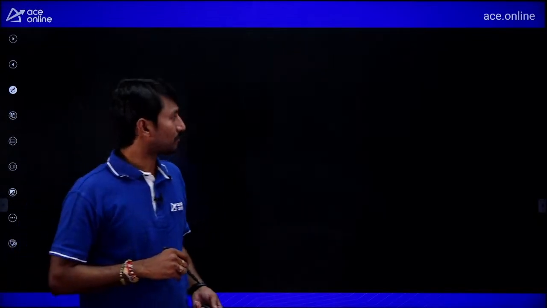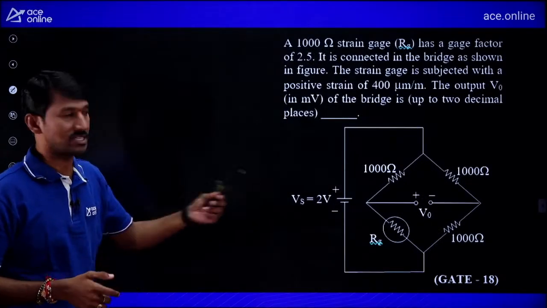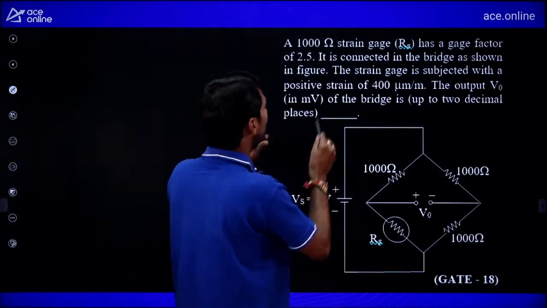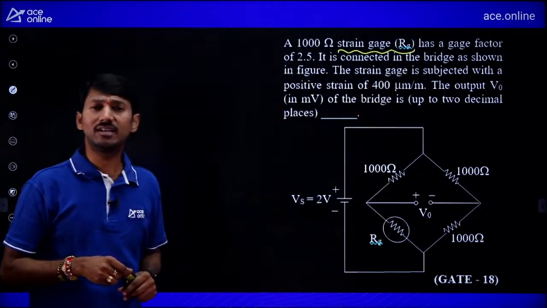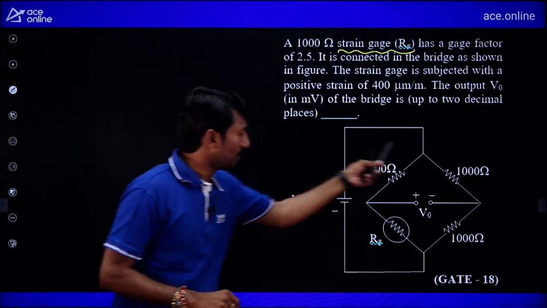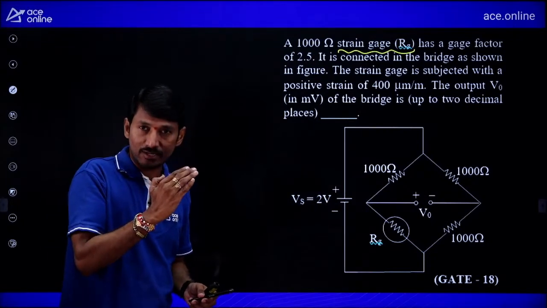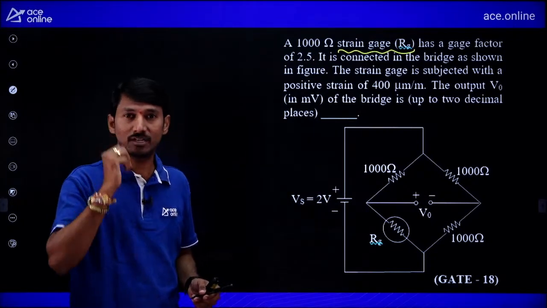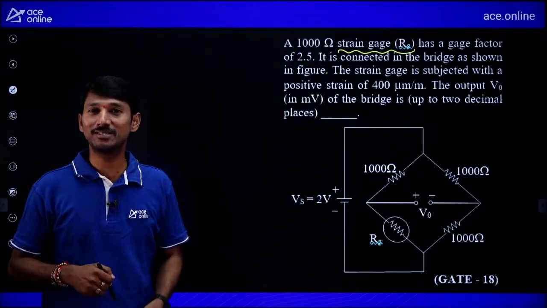Right? And next, sir, one more diagram, one more question I'm showing. This is related to the strain gauge. The strain gauge topic is generally in transducers. In that transducer topic also, there is a bridge: the strain gauge is connected to a Wheatstone bridge to get the corresponding electrical output. So here also a bridge is required.